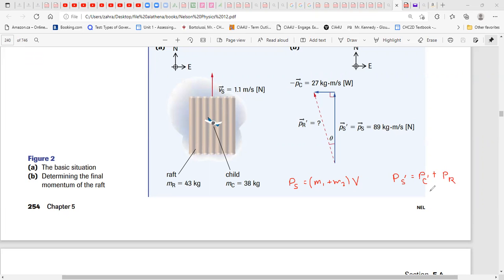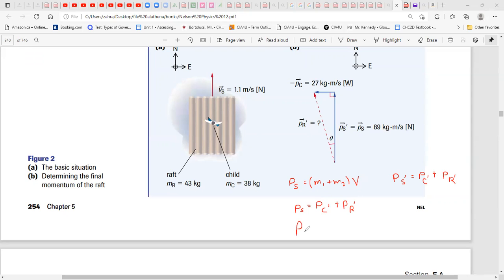I just put a prime to mean after the interaction that is happening. Knowing that the momentum is conserved, we just equate these two together and rearrange. So P of S, which is the whole system, is equal to PC prime plus PR prime, the raft after the interaction.